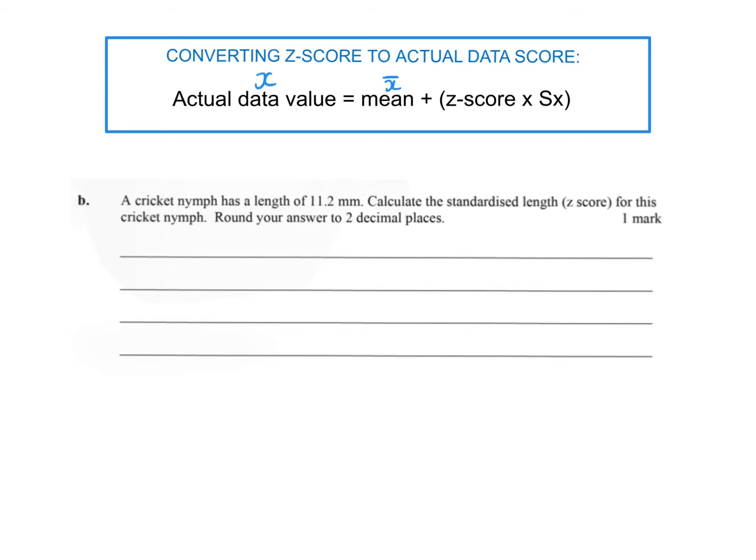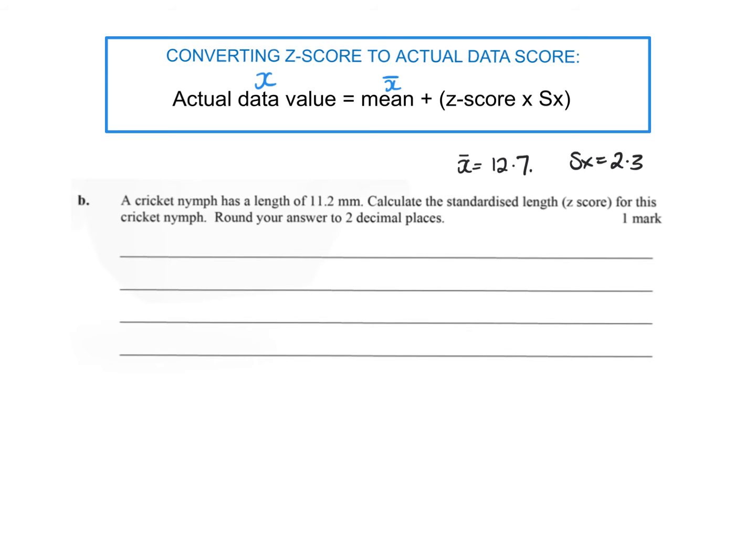If you remember last time, we were doing the crickets questions with the 68, 95 and 99% rule. They had told us in the previous questions that I believe the mean was 12.7 and the standard deviation was 2.3.